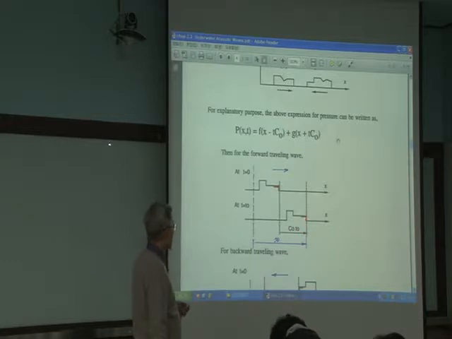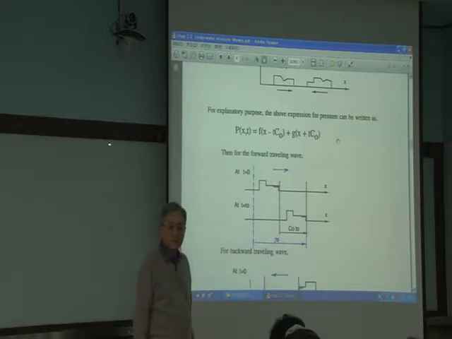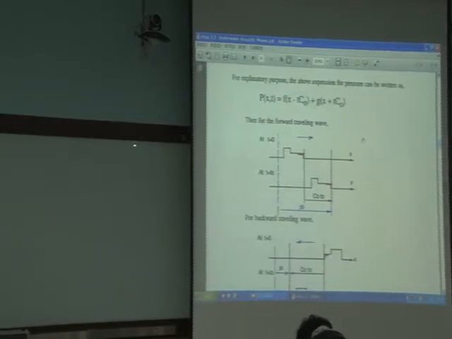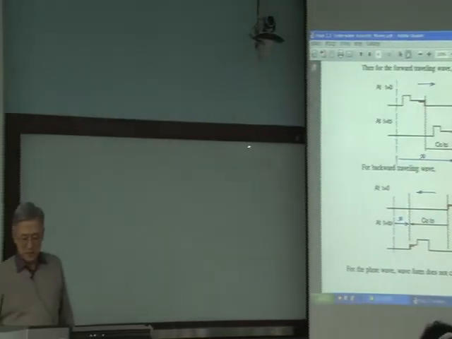Then to get it back to the original position, you have to subtract c naught t naught from x. Okay, then you can say this is a forward traveling wave. I don't know whether it makes more sense or not. It's an explanatory position.